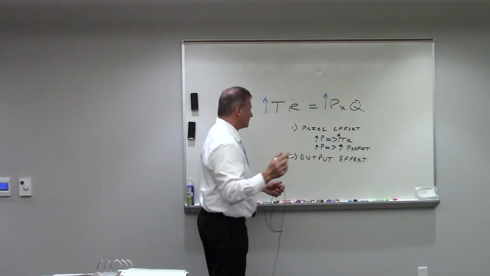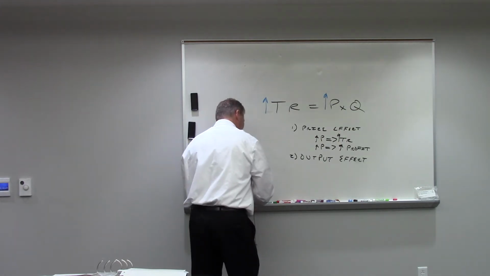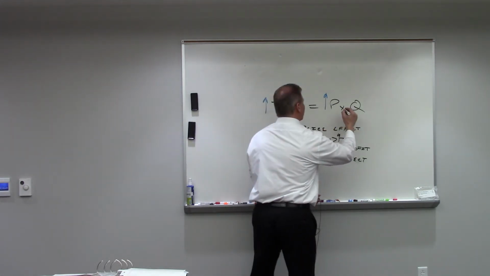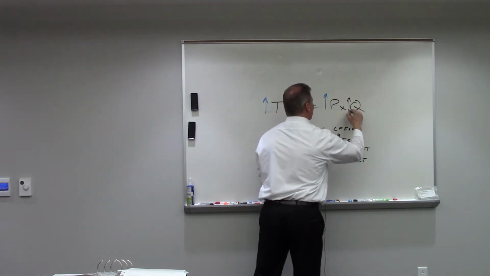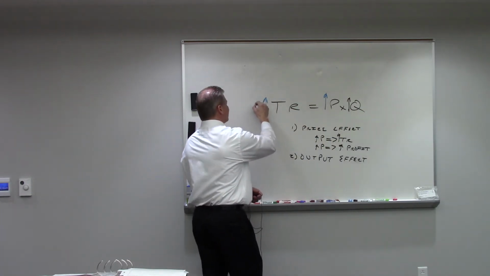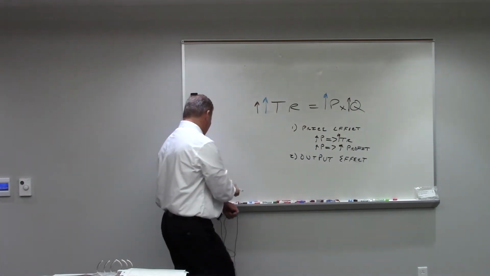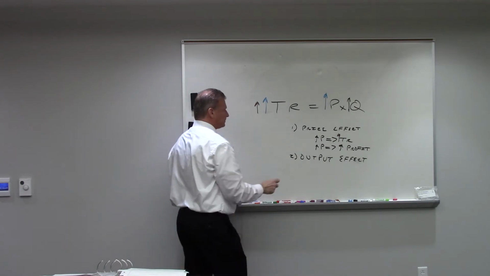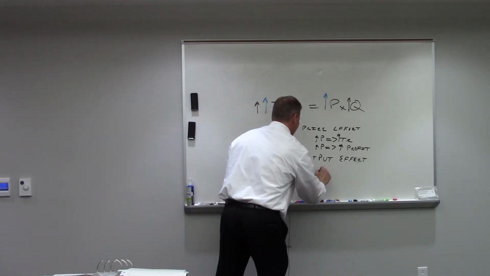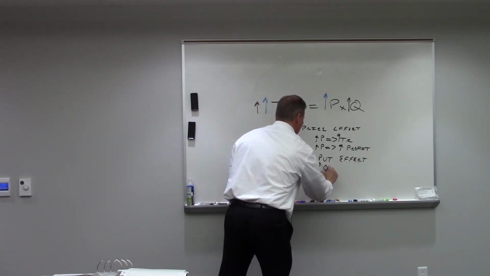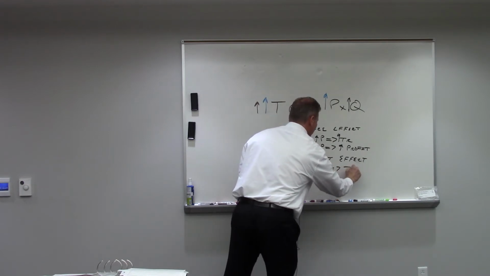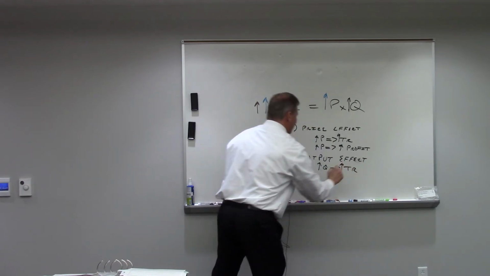Now with the output effect, I think I had this in brown, so I'll go back to brown. Probably looks like black maybe on the camera. But as quantity goes up, total revenue should go up.